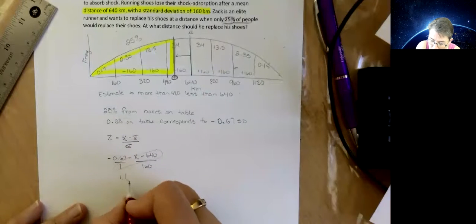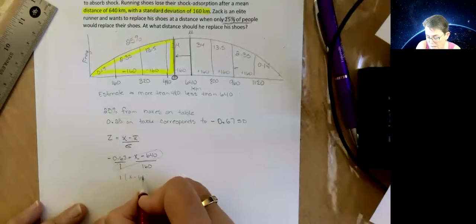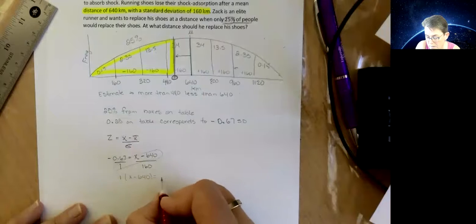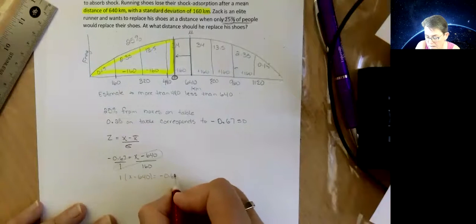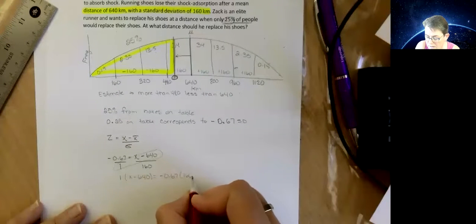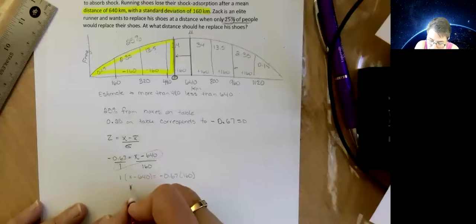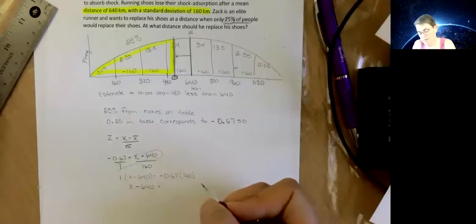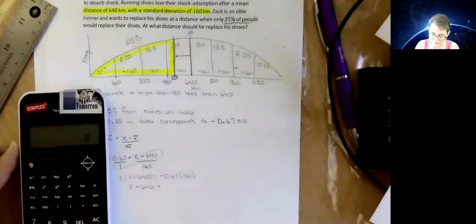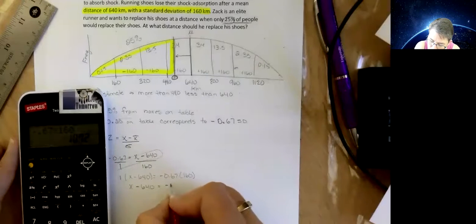So 1 times x minus 640 is equal to negative 0.67 times 160. So x minus 640 is equal to negative 0.67 times 160, which is negative 107.2.